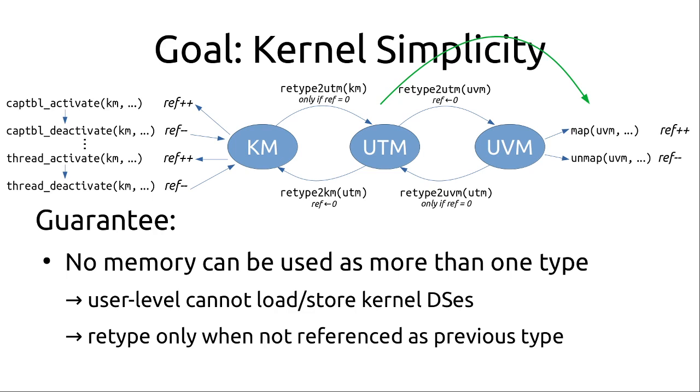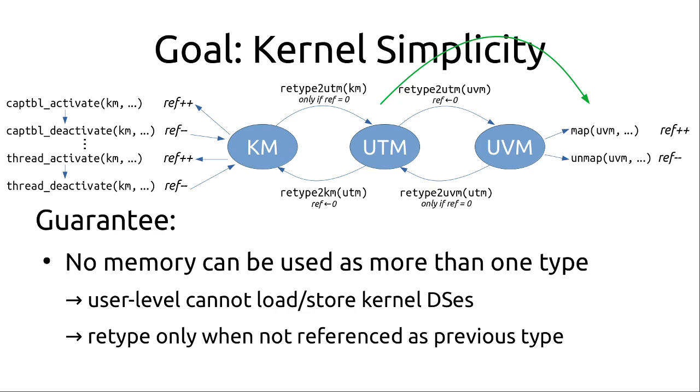Oops, I actually mislabeled that. It's supposed to be retype to UVM, to user-level virtual memory, right? And we're essentially taking untyped memory, retyping it into user-level virtual memory, and essentially saying, okay, now it's user-level virtual memory, and let's imagine that we have a reference count associated with it. We, of course, initialize that to 0.